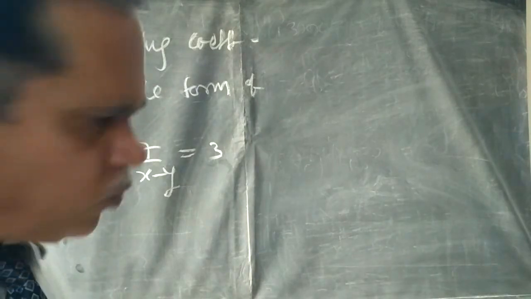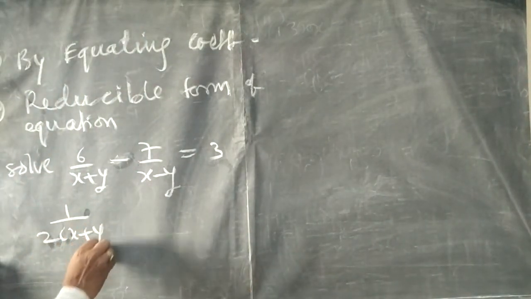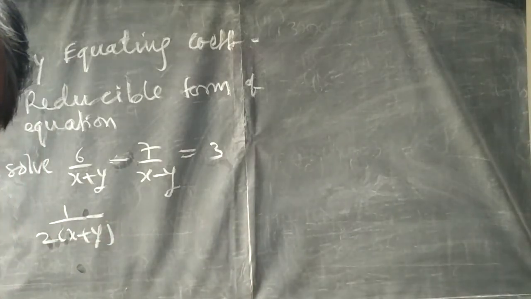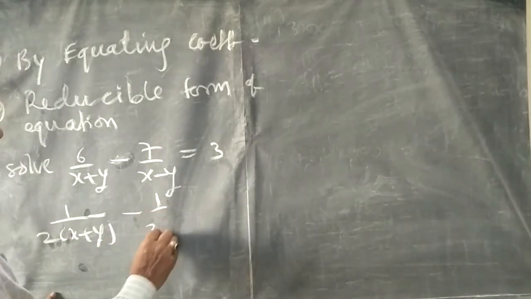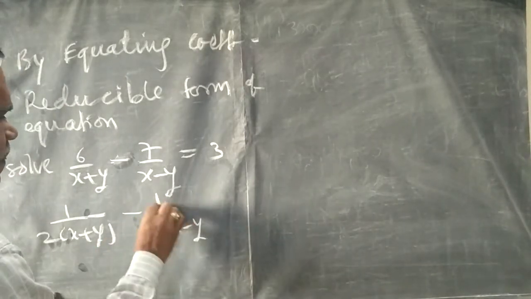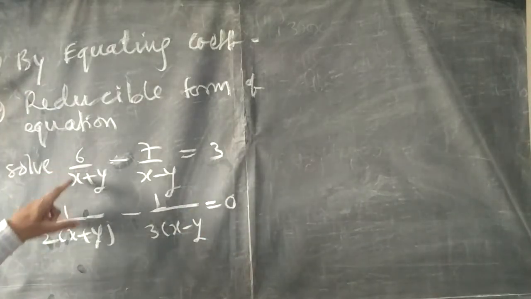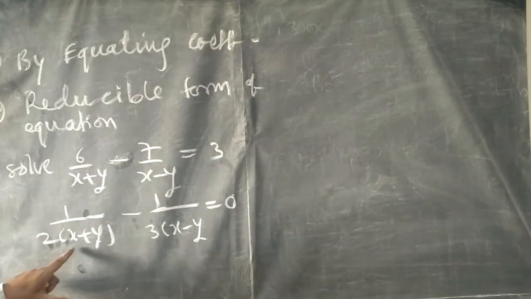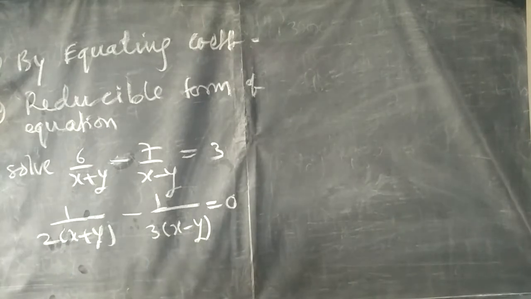And 1 upon 2x plus y minus 1 upon 3x minus y equal to 0. See, 6 upon x plus y minus 7 upon x minus y equal to 3. 1 upon 2 bracket x plus y minus 1 upon 3 bracket x minus y equal to 0.